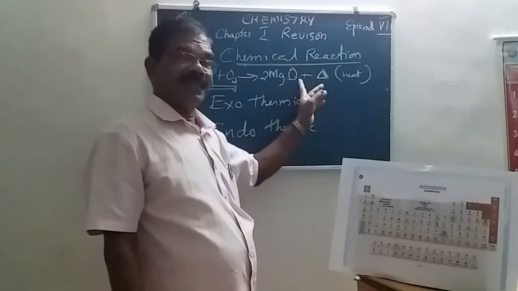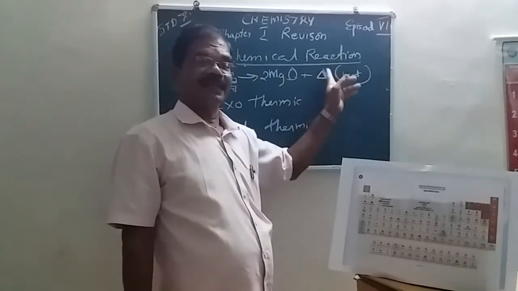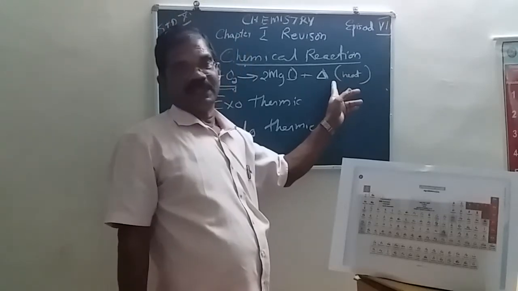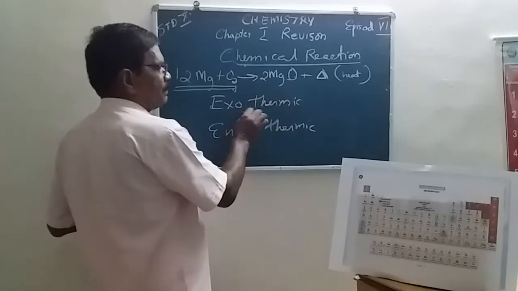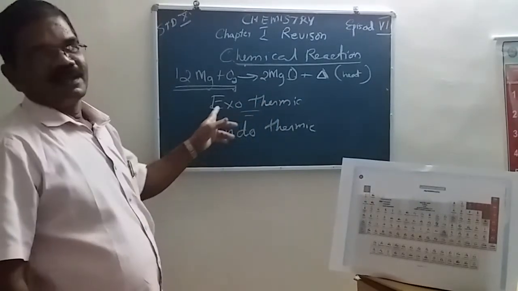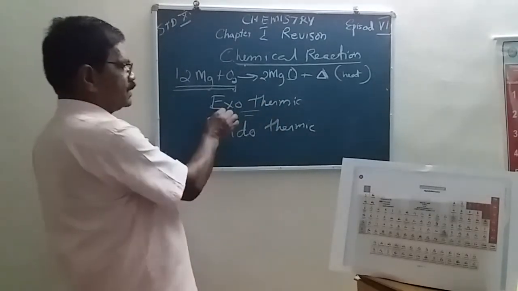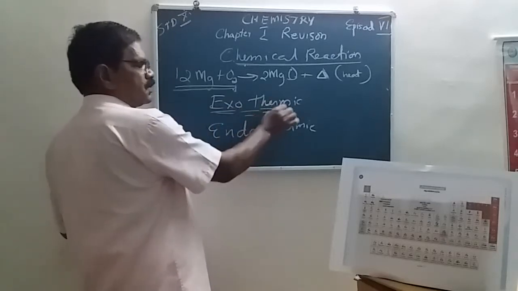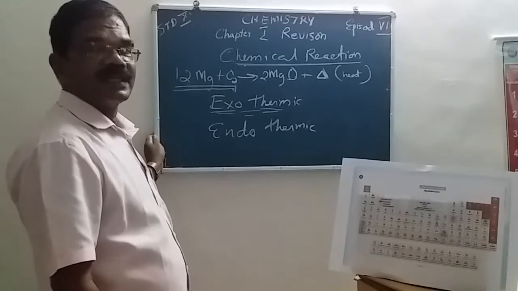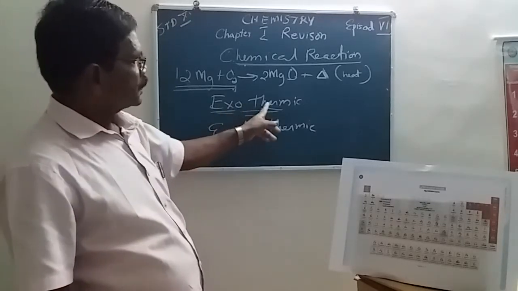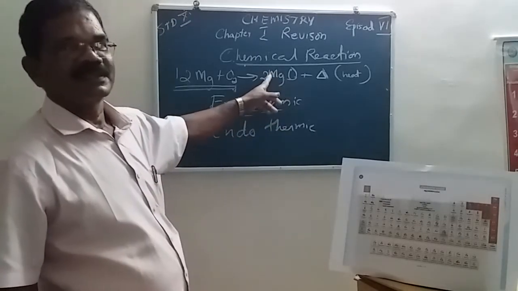Because at the same time, heat energy and light energy are also produced. This is an exothermic reaction. We studied that exo means exit, and thermo denotes temperature or heat. This is an example of exothermic reactions.